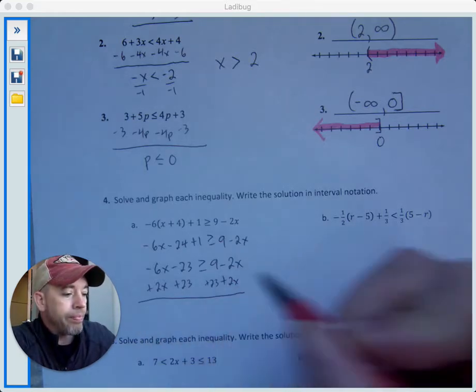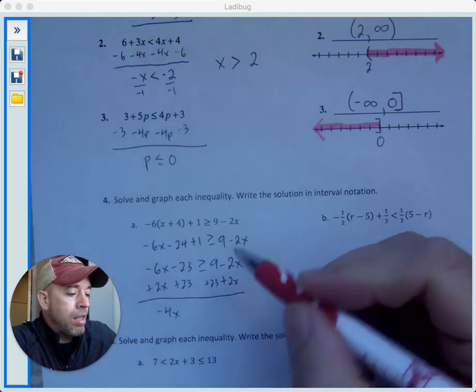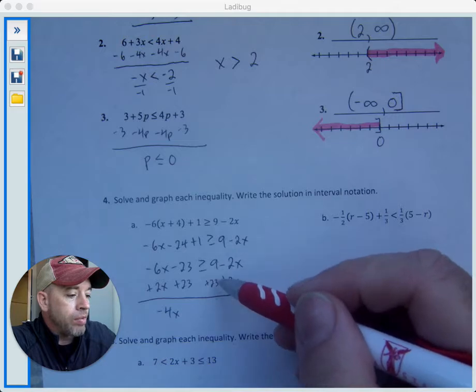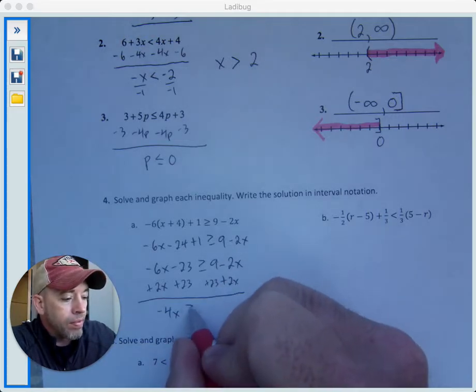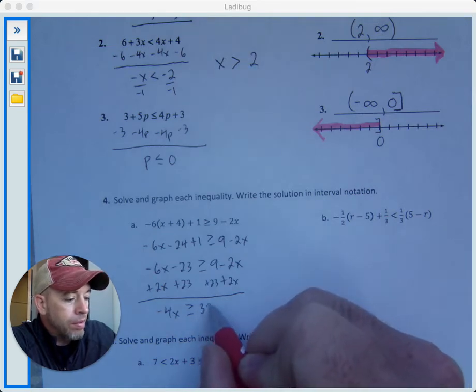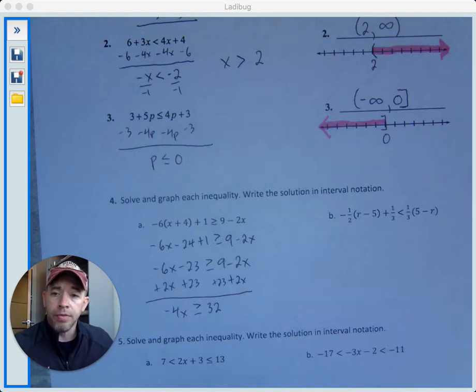And see what we get. Well, -6x and 2x is -4x. And then we have 9 plus 23. What is that? 32, right? 32. Alright, and now we need to either divide by -4 or multiply by -1/4, either one of those.